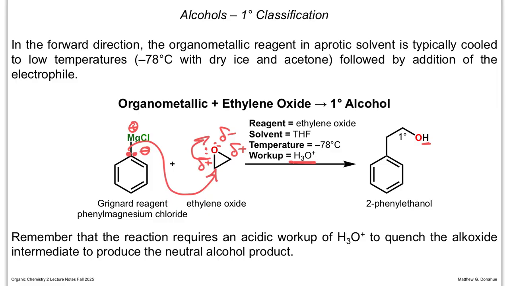So that's two ways of making primary alcohols using carbanions. If we wanted to make a primary alcohol with a hydride reagent, that's when we would use sodium borohydride in an aldehyde or some OsO4 plus lithium aluminum hydride.